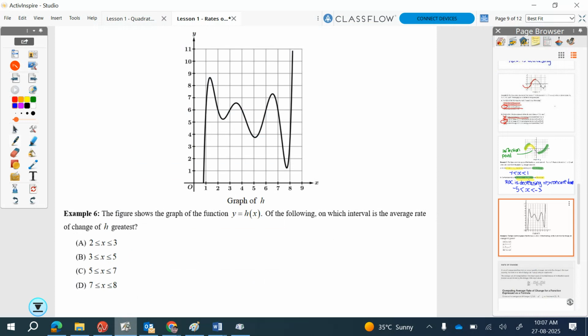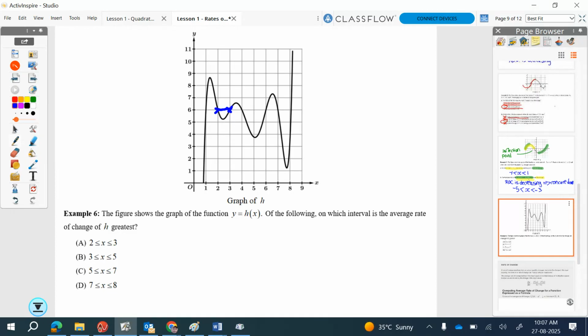So the average rate of change is going to be from 2 to 3. If we look at x equals 2, that's this point here, and x equals 3, that's here, and then we draw a little line across. The average rate of change here is nothing. On average, there's been no change in this interval.